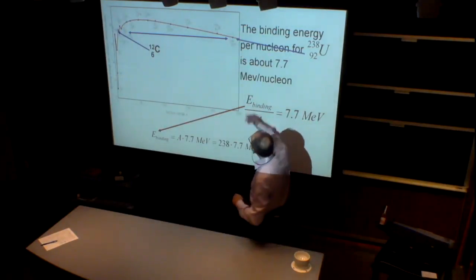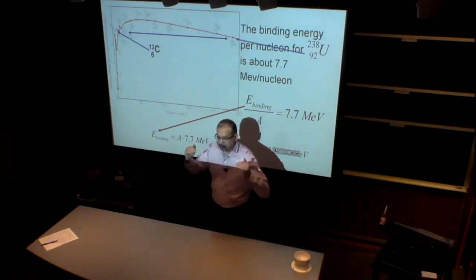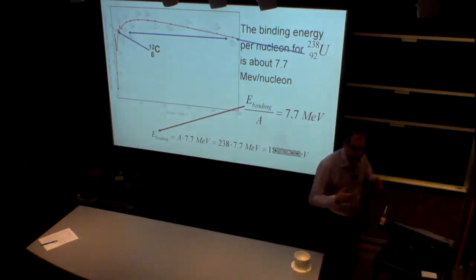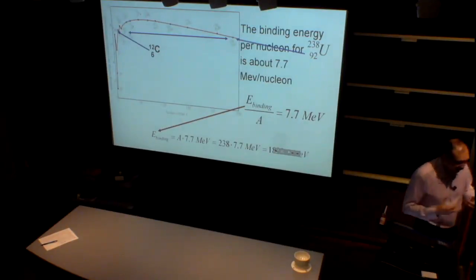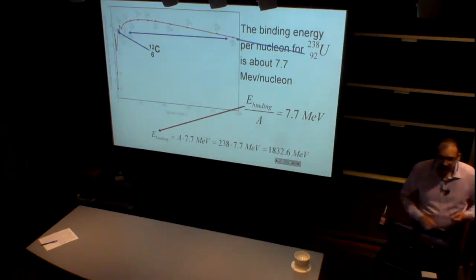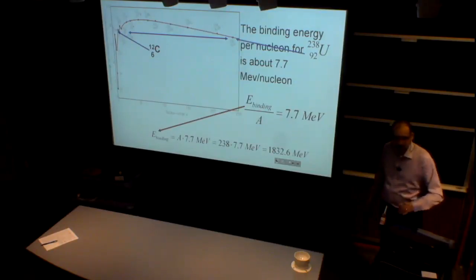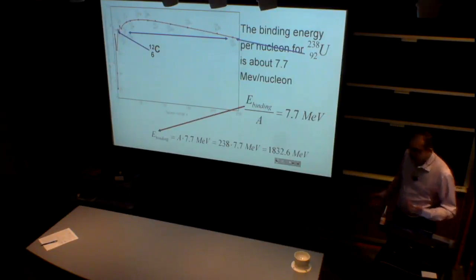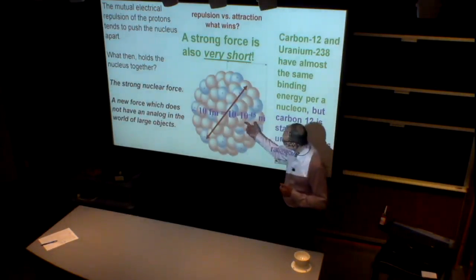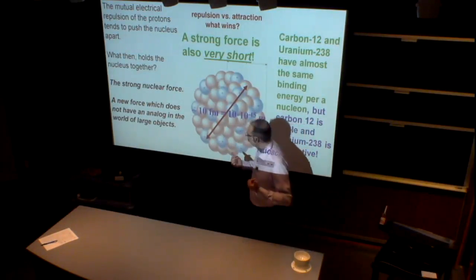We can see that, for example, uranium and carbon have very close binding energy per nucleon, but carbon-12 is stable, never splits, never decays. And uranium has no stable isotopes at all. Any isotope of uranium always decays, some faster, some slower, but they all decay. Why? Well, it's all about the balance between the strong force and the repulsive electric force.